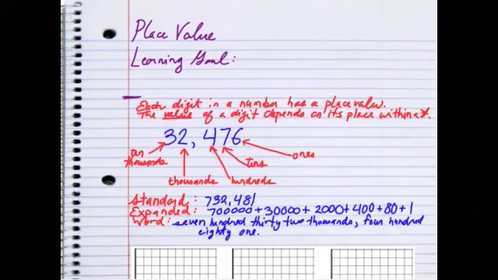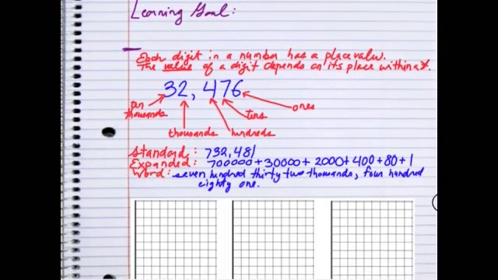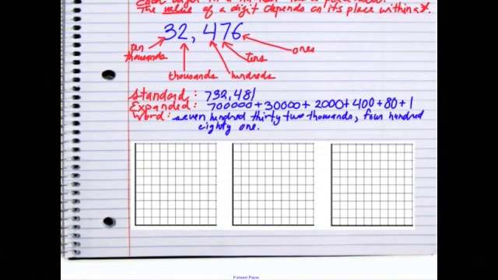You must include every proper title for each place digit. 732,481 is your complete word form.